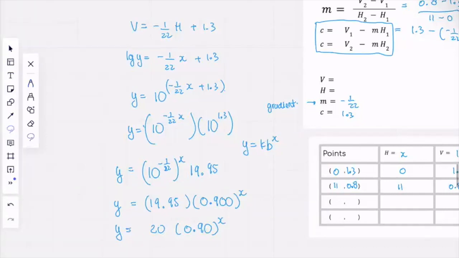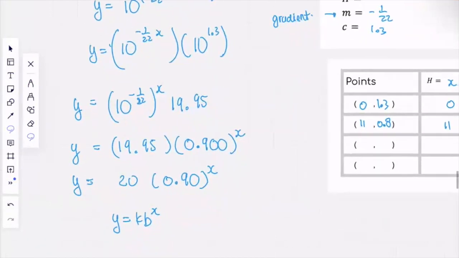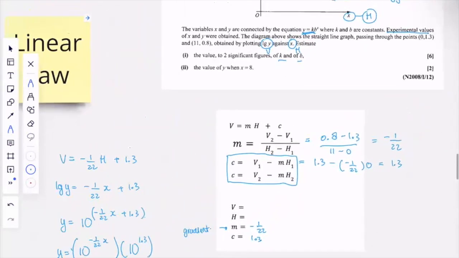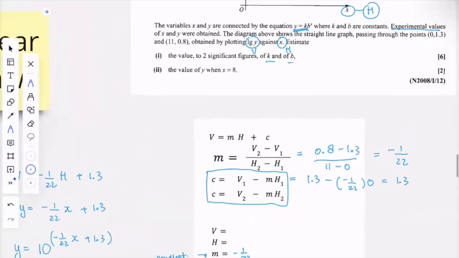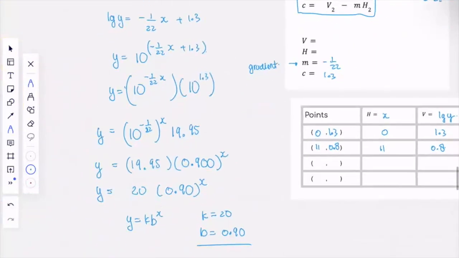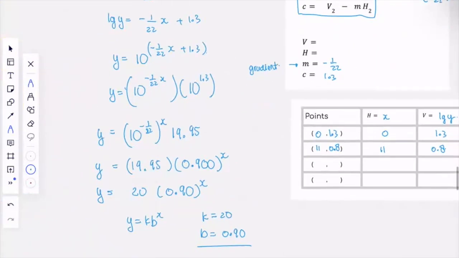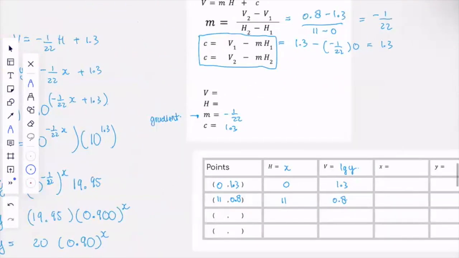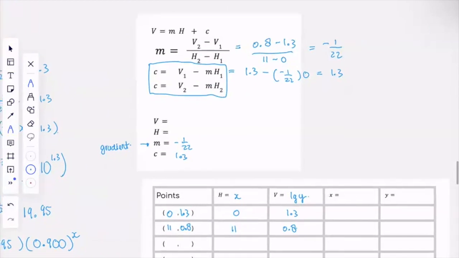And if we compare this to the equation that they want, y equals k b power x, that means k is 20 and b is 0.90. So that's our answer for part 1. They ask for k and b, that's it, 20 and 0.90 by using this pattern. Very simple.